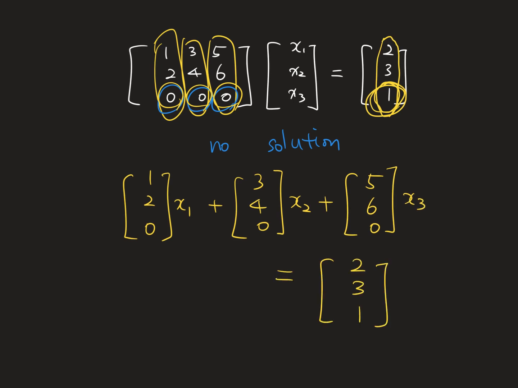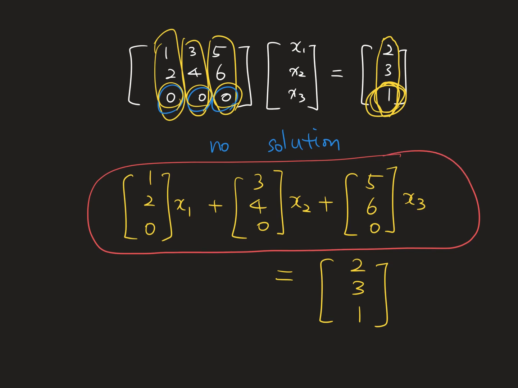Now you can see that it doesn't matter what x1, x2, x3 are. We don't know the numbers, but we're pretty sure that the left-hand side vector should have 0 on the third component, but the right-hand side has 1 here, so it's impossible to find x1, x2, and x3.